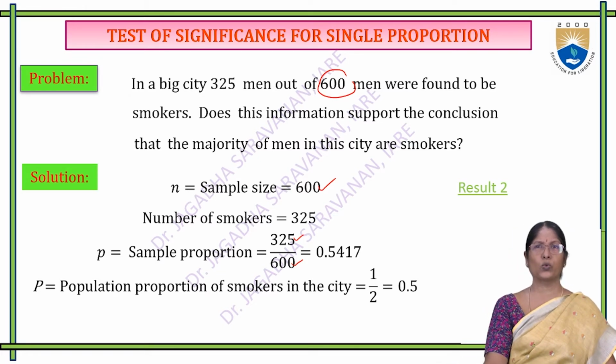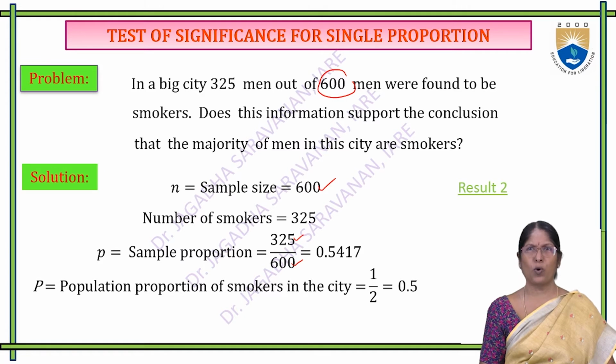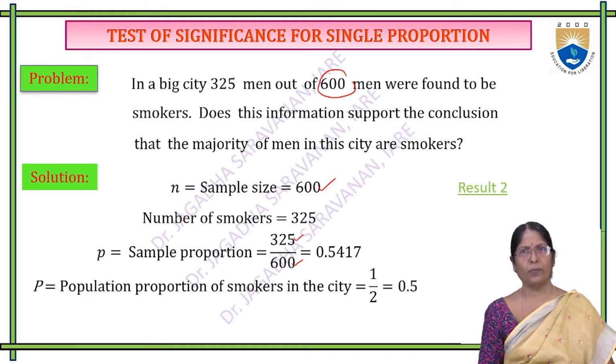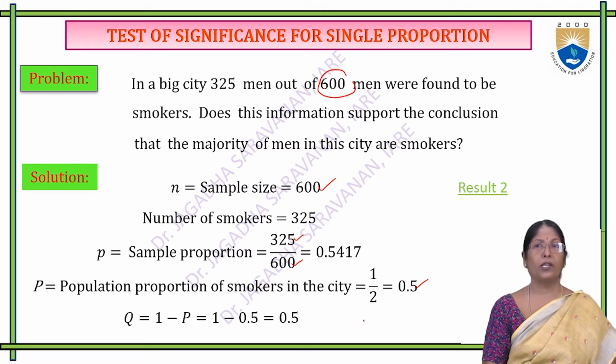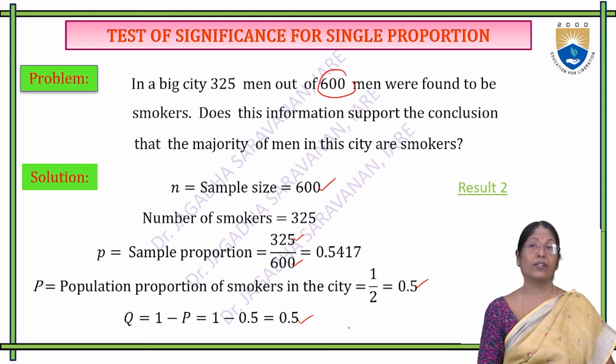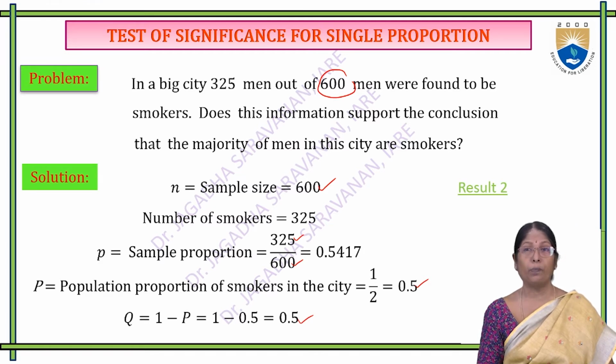So regarding smoking and non-smoking men in the society, we take the population proportion equally, that is 0.5. So we have capital P, and we need capital Q also, because the test statistic is small p minus capital P divided by square root of capital PQ divided by n.